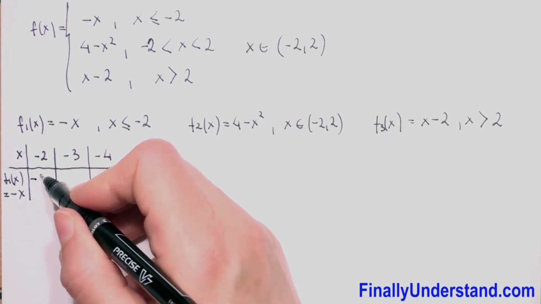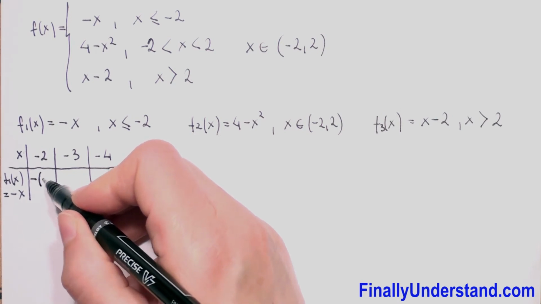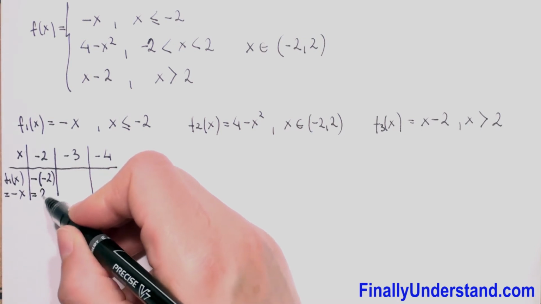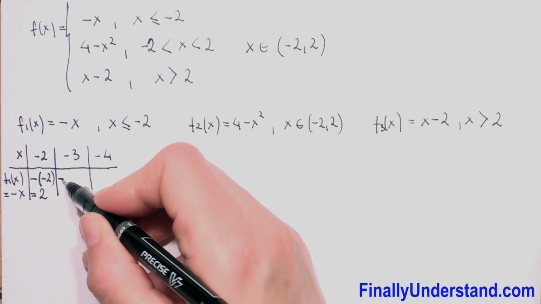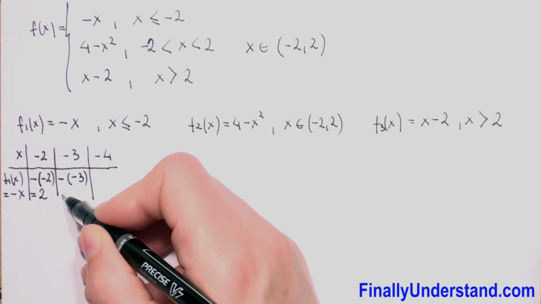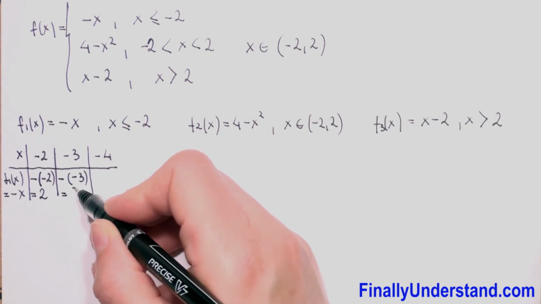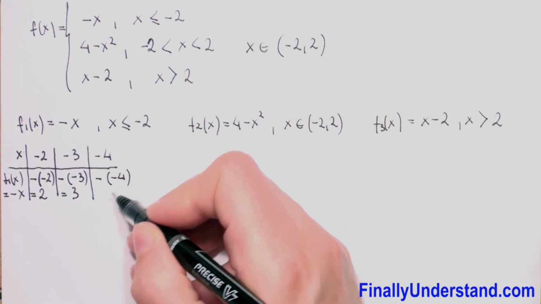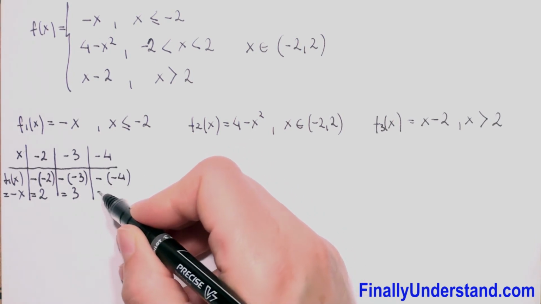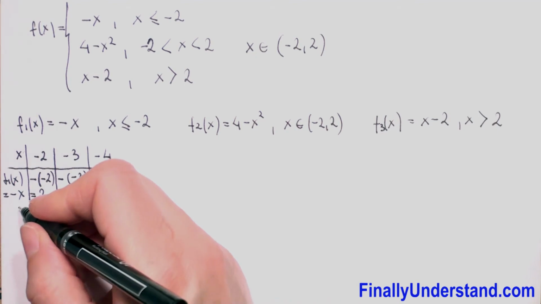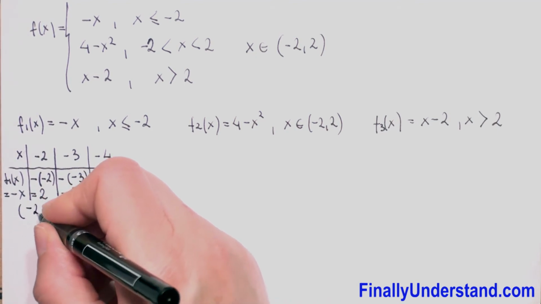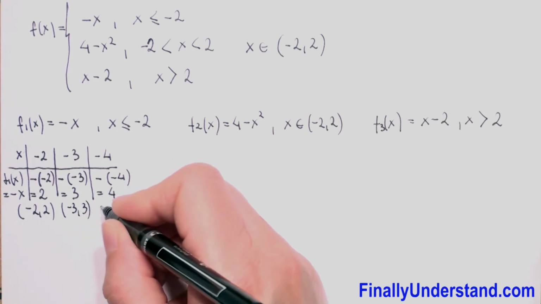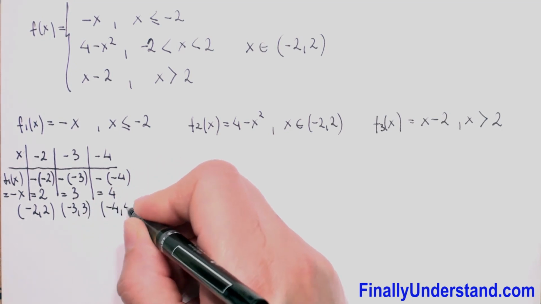The negative sign I will copy, and I have -2 in parentheses. Negative and negative is +2. We have -3 in parentheses, negative and negative give us +3. The same here, we have -4 in parentheses, negative and negative give us +4. So we have 3 points: -2, 2; -3, 3; and -4, 4.